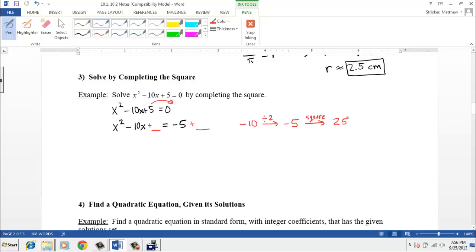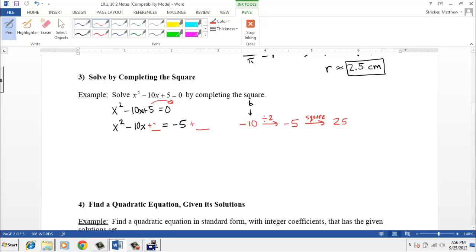So there's two things you always got to do with your b, if you will. This is b, the coefficient in front of the x. You first divide it by 2 and then you square it.